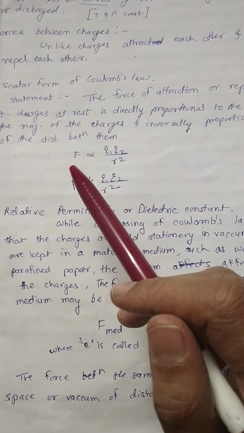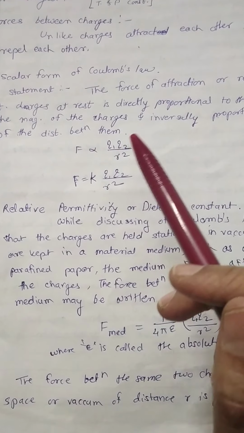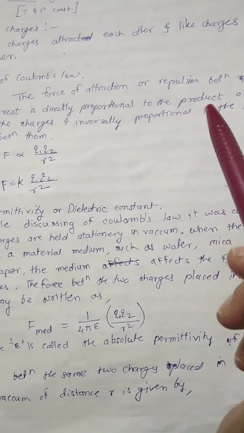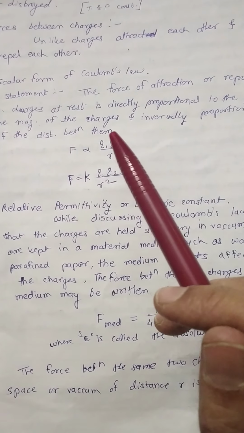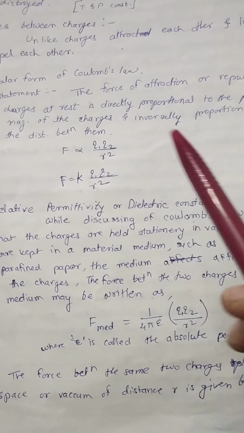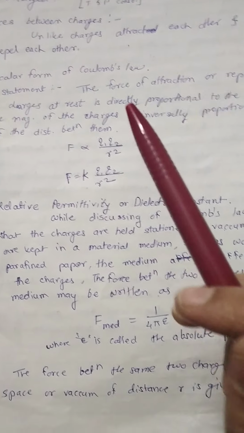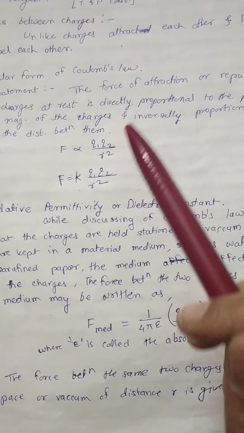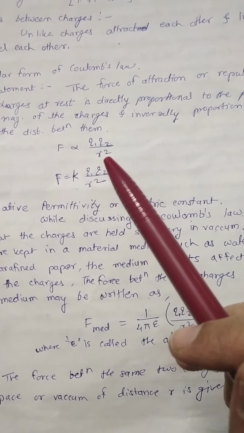So the force of attraction or repulsion is directly proportional to the product of the magnitude of the charges. Considering two charges Q1 and Q2, the product of the two charges is Q1 into Q2. And the force is inversely proportional to the square of the distance between them, that is R square.